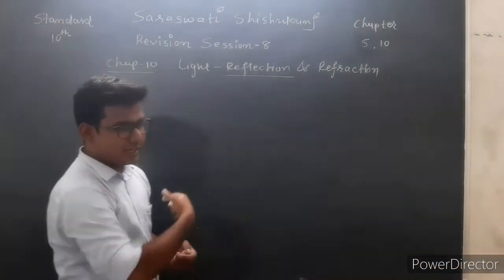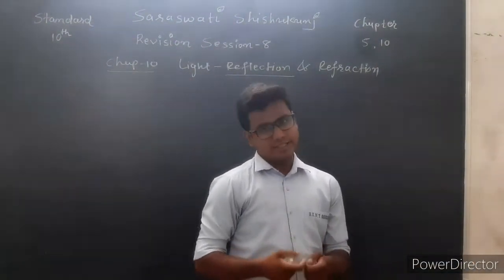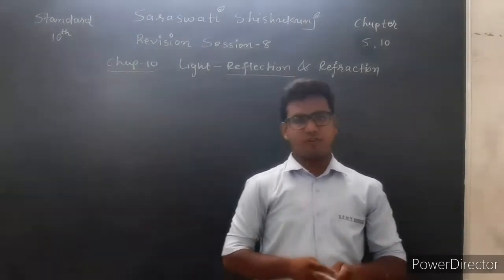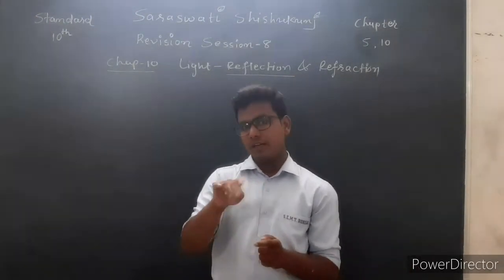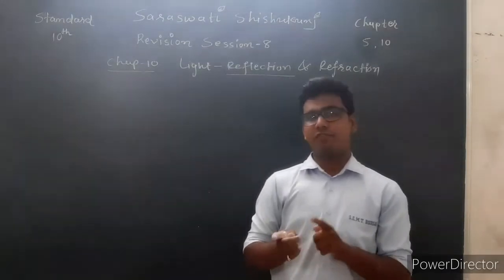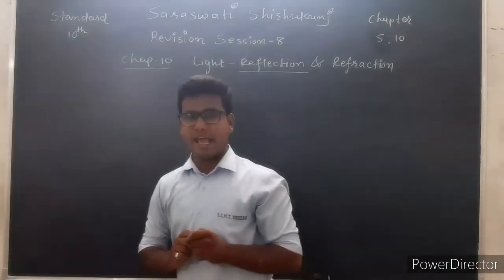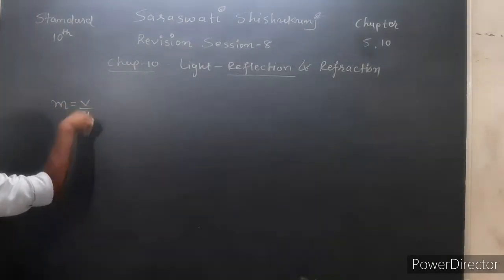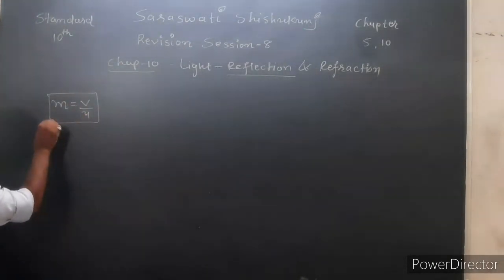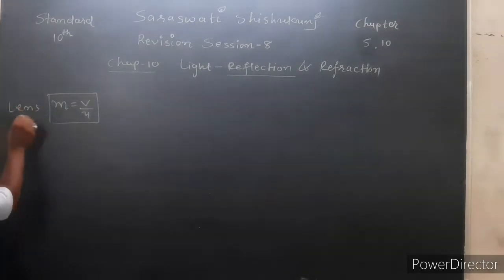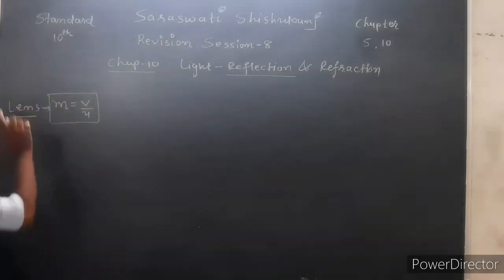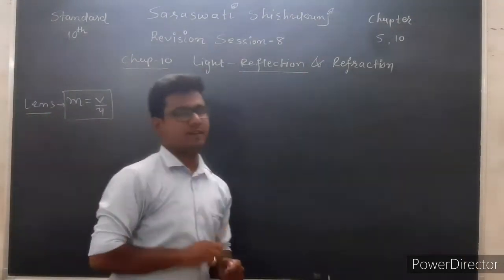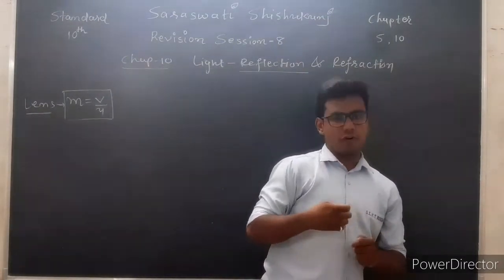Now, as we have studied magnification for mirror, similarly there will be magnification for lens. The formula is all the same regarding height, but for lens our formula will be M equal to V by U. For mirror, that will be minus V by U. We are not going into the proof of it.